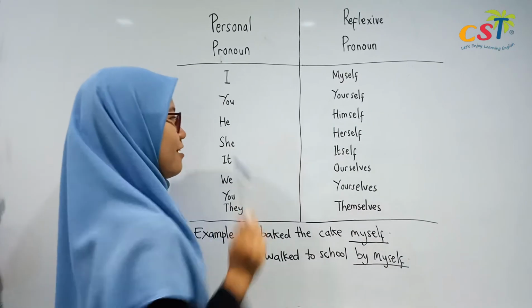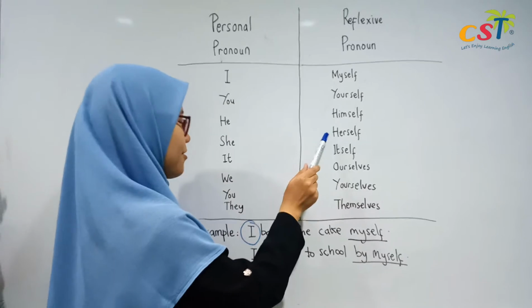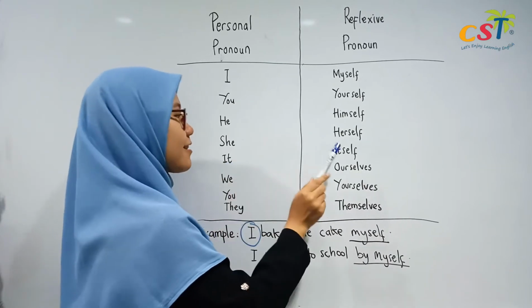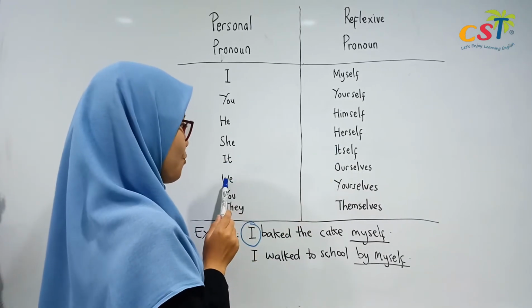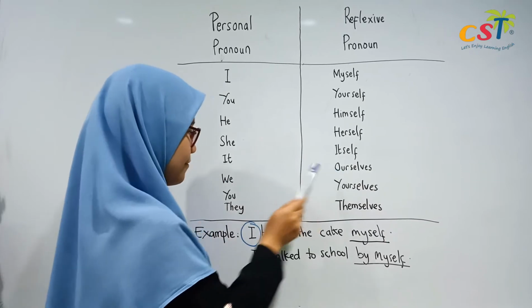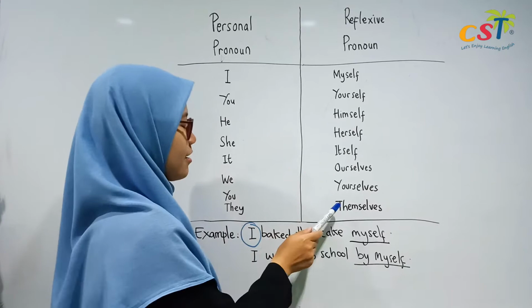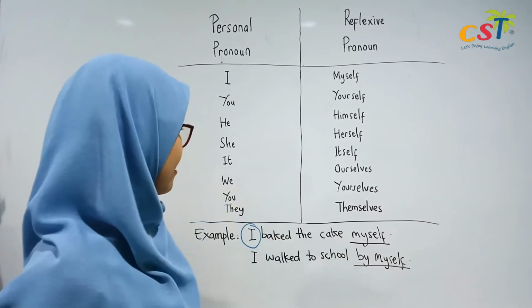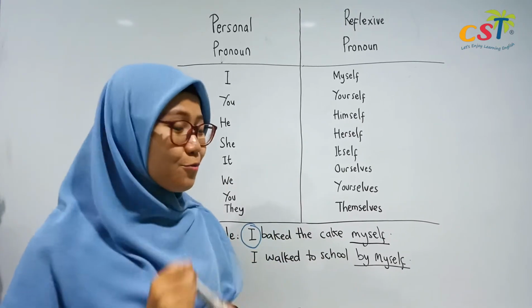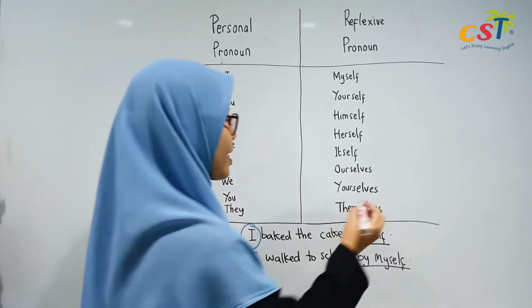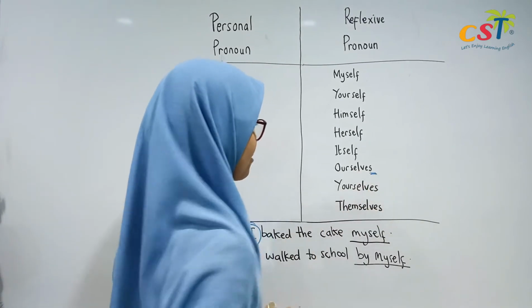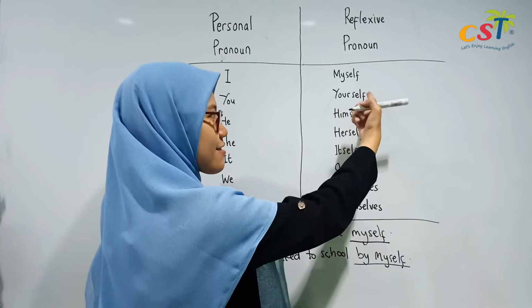He, himself. She, herself. It, itself. We, ourselves. You, yourselves. They, themselves.